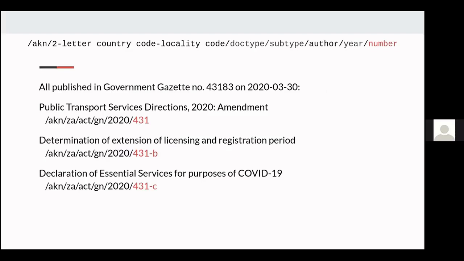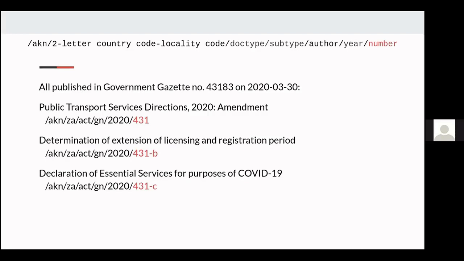Numbers are where we've come up against some of the most interesting edge cases. So clerical errors do happen, especially last year in South Africa. There were hundreds of notices published per week around the different departments managing with the whole COVID thing.